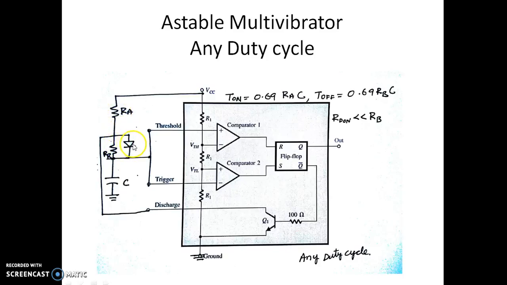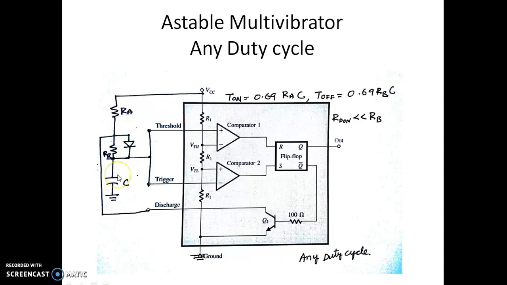During the charging condition, this diode will be on. Once the diode is on, its resistance is very small. The capacitor will certainly choose the path of lower resistance between RB and the diode. It will certainly choose the diode, meaning the path for the capacitor during charging is that it charges to VCC through RA and the diode.